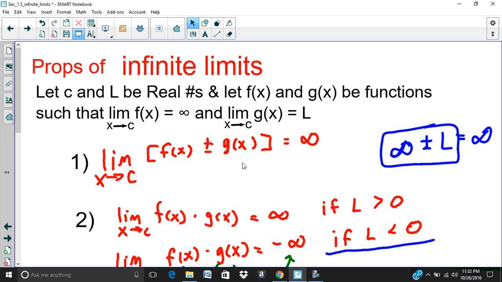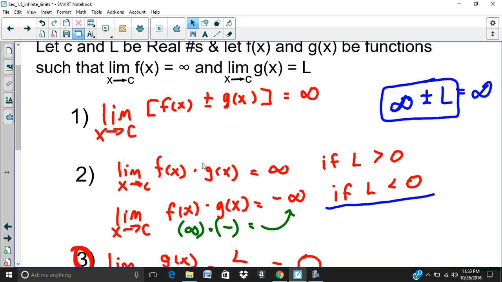Alright, so adding or subtracting a small, minute value, like L, which again, 2, 10, 100, compared to infinity, it's nothing. So that's why this value stays as infinity. When you multiply, infinity times 3 is not 3 infinity, it's not infinity cubed, it's just infinity.